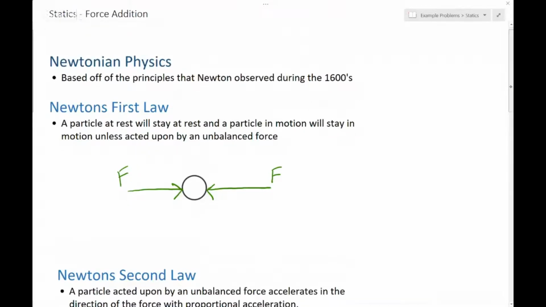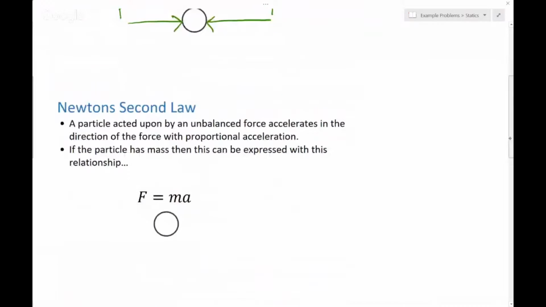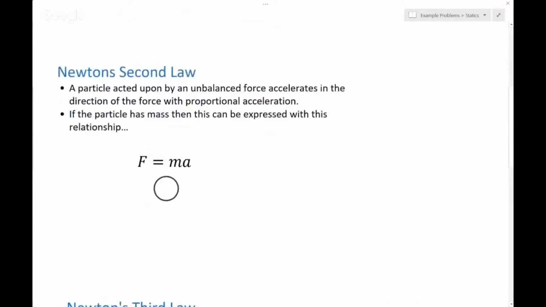Now, moving on to Newton's second law, a particle acted upon by an unbalanced force accelerates in the direction of the force with proportional acceleration. If a particle has a mass, then it can be expressed with this relationship where force is equal to mass times acceleration.